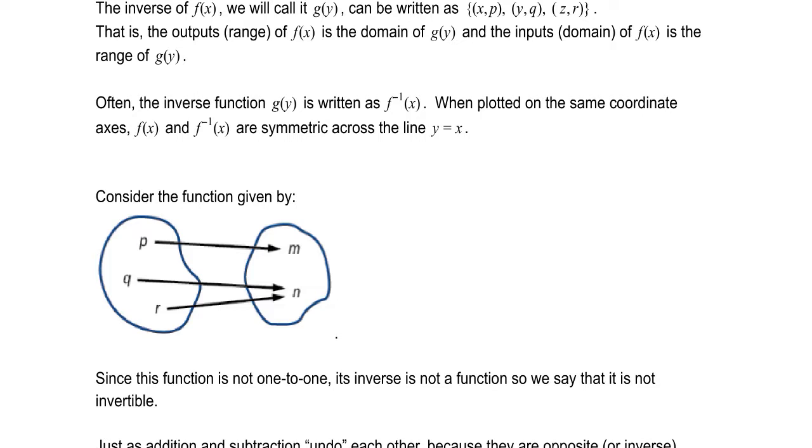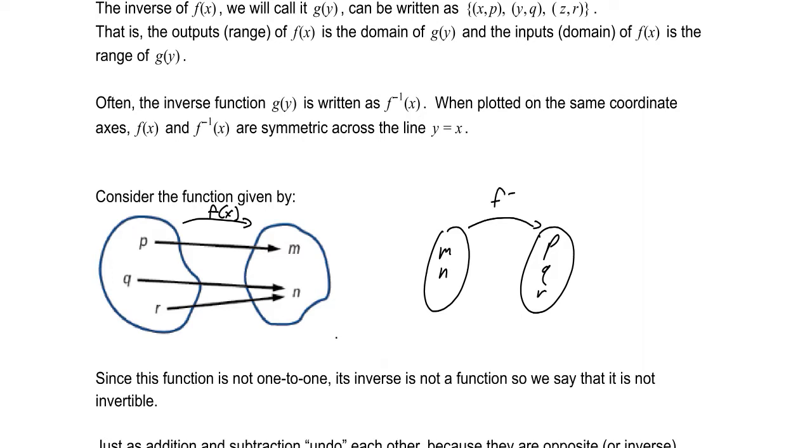Imagine we exchanged the m, n and p, q, r. If this is f of x, then this is going to be f inverse of x. m maps to p because we are swapping the inputs and the outputs. q maps to n, so that means n maps to q, and n maps to r.